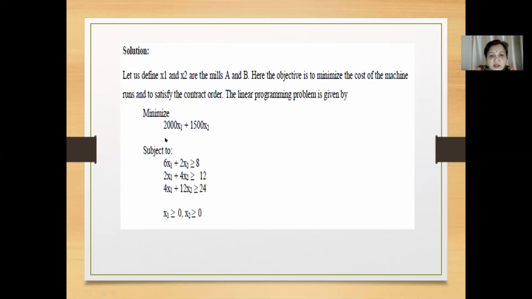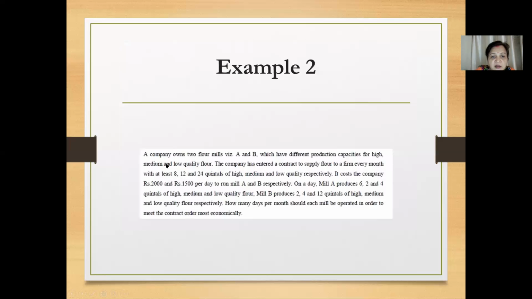So we have to minimize the cost of running the 2 mills. So the required objective function will be to minimize 2000x1 plus 1500x2 subject to the constraints here.